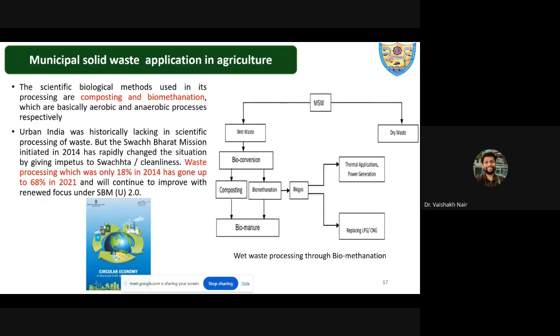It talks about the Swachh Bharat and how the waste is being segregated, and what steps are there. In that they have classified well how the wet waste is going to be processed. So basically composting and biomethanation is there. And you can see that mainly it is focused towards getting biogas, and whatever is left behind is going as biomanure.